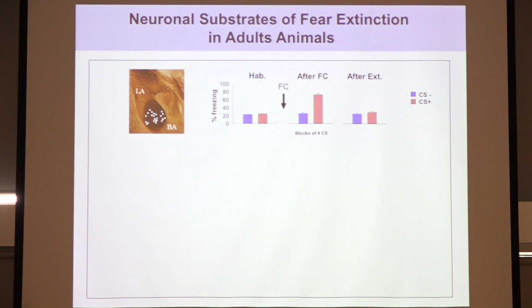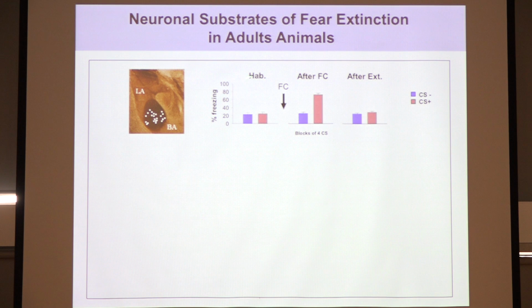So we performed single unit recordings in the basal amygdala. These are the recording sites in the basal amygdala, and we submitted the animals to auditory fear conditioning. In this paradigm, we use two different tones. The blue one, the CS minus, is the control sound that is not associated with the foot shock, and the conditioned tone in red, the CS plus, is associated with the foot shock.